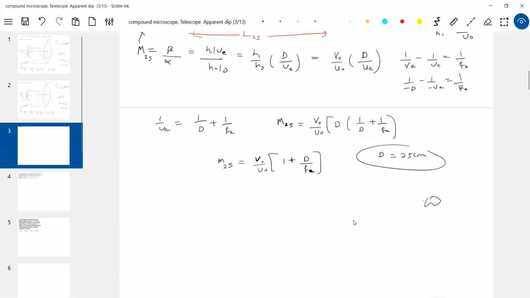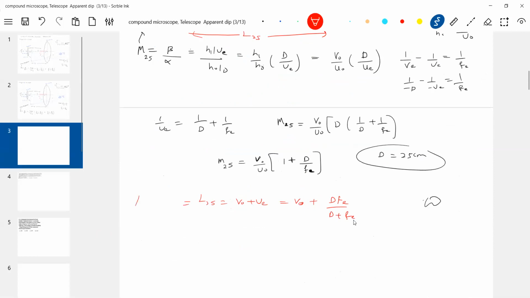So what will the length of the tube be? Now what is UE equal to? UE should be equal to D Fe by D plus Fe. V naught is unknown, which we have to calculate here.